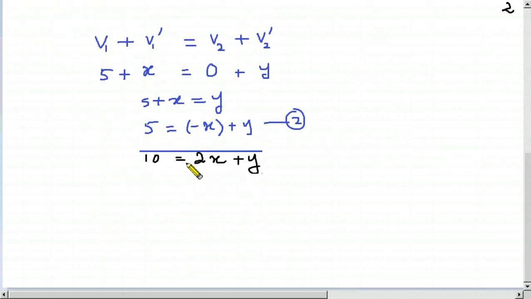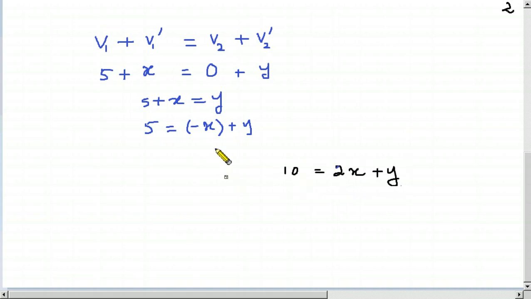So this equation we now keep here to compare, and we have to do something so that we can eliminate x. So here 2x is here, so minus and positive. Then if we get 2x, we can cancel each other if we add these two equations. So let us multiply by 2, then we can get 2x.